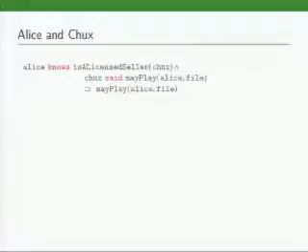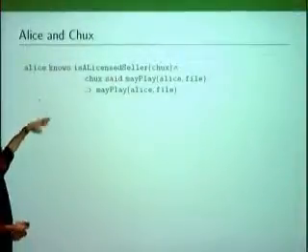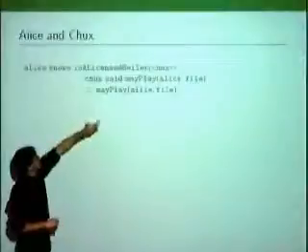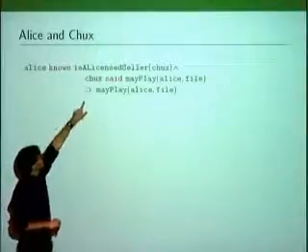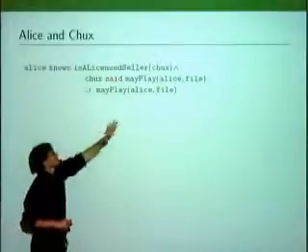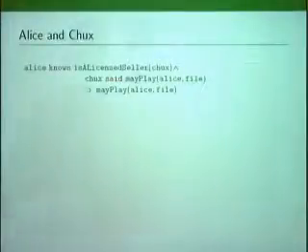So here's some examples of DKAL for those that aren't familiar with it. So like I said before, there's sort of states of knowledge for each principal. So Alice knows if Chux is a licensed seller, and Chux says that Alice may play the file, then Alice may play the file. So that's a simple statement in DKAL.